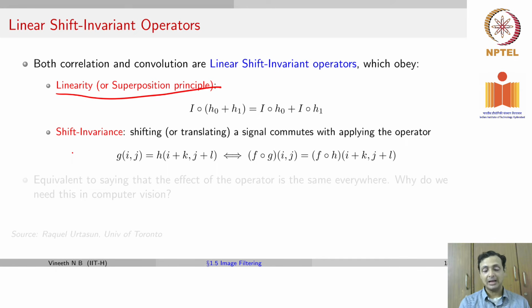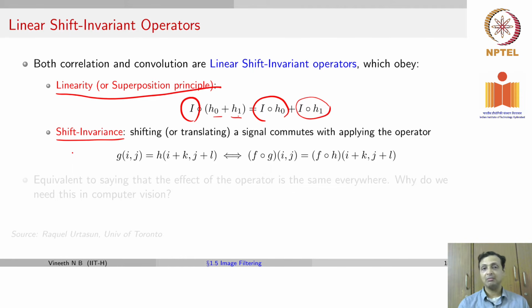Linearity means that if you had an image I and two filters H0 and H1, then I operation H0, where the operation could be convolution or correlation, and I operation H1, whether you add up the filters first or add up the output images after performing the operations of the individual filters, they both will be the same. This is linearity, also known as the superposition principle.